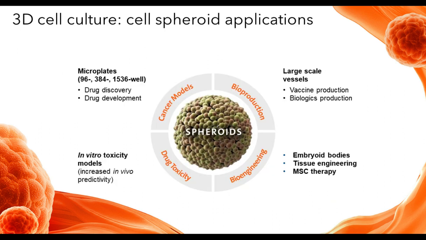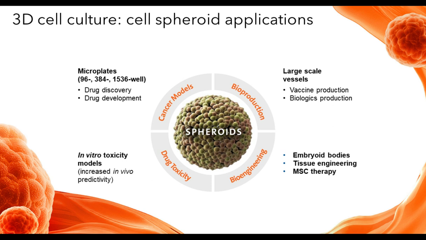When one wants to study spheroids, you can now do this routinely. In this case, Corning is one of many companies making microplates, although Corning is the only company that can do this in an ultra-high throughput screening system using a 1536 well format. Spheroids will grow very well in microplates.